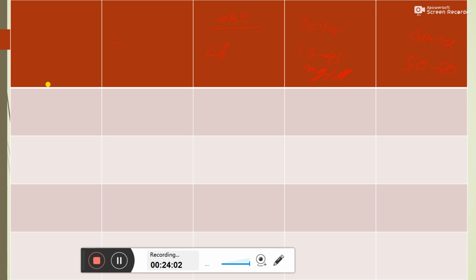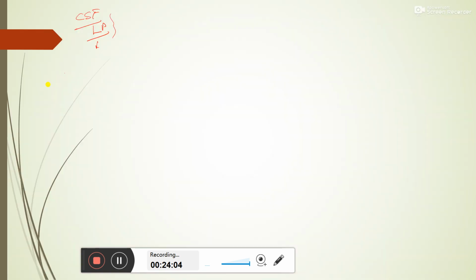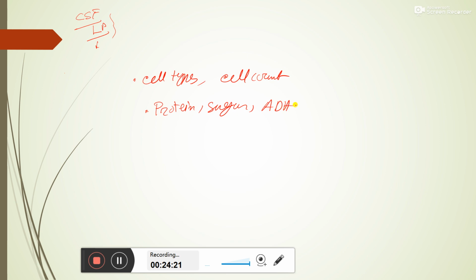Another thing I had forgotten to tell: in CSF you need to send for cell type, cell count, protein, sugar, ADA, gram stain, ZN stain, and CBNAAT.